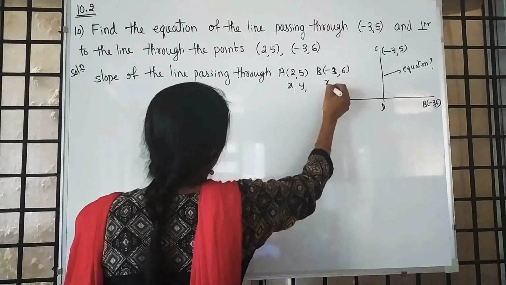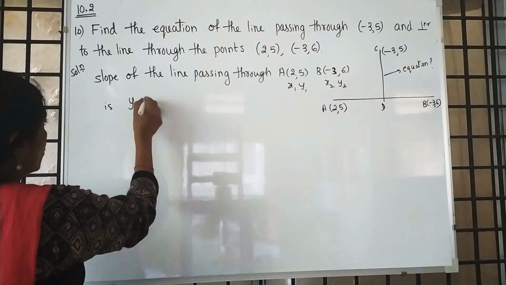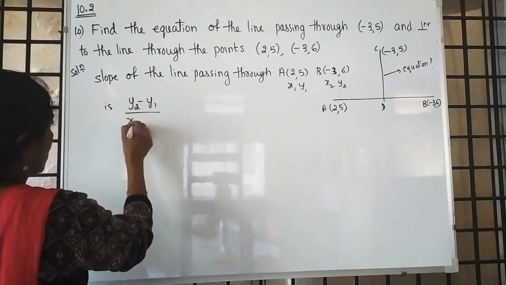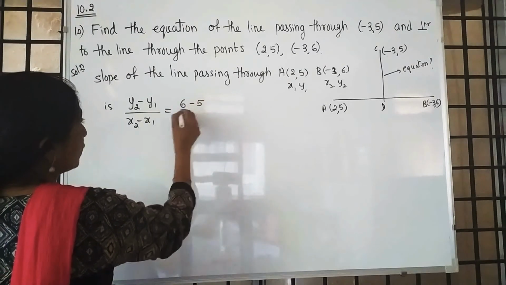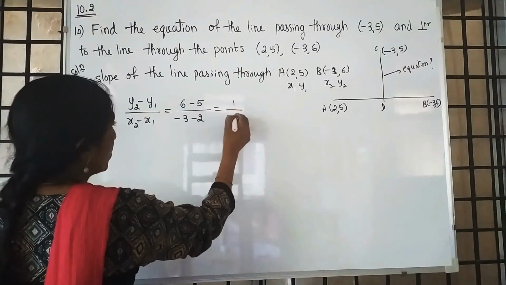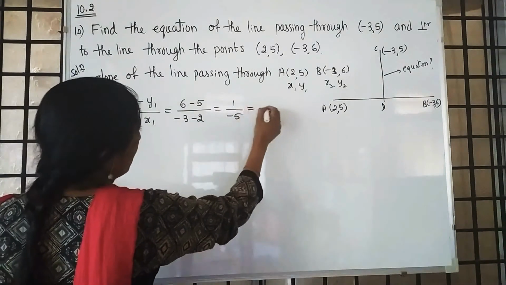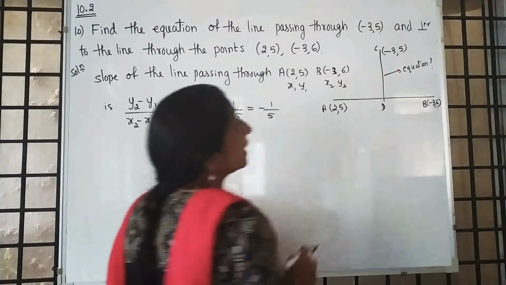For x1, y1, x2, y2 it is y2 minus y1 upon x2 minus x1, that is 6 minus 5 upon minus 3 minus 2, 1 upon minus 5, or we can write minus 1 upon 5. This is the slope of AB.